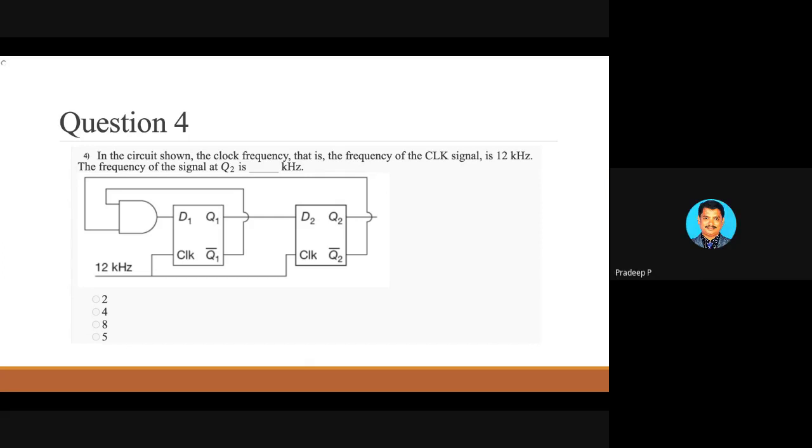It's a 2-bit counter, madam. Clock 12 kilohertz goes to the first flip flop followed by the second flip flop. First stage output Q1 bar and Q2 bar get connected to the AND.